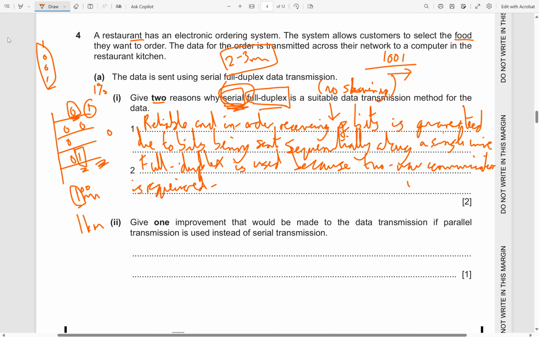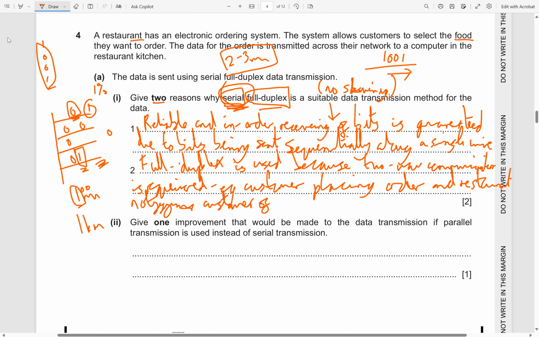And yeah, let's give examples, e.g. customer placing order, and let's say restaurant notifying customer of order status, e.g. success, or dish unavailable, etc.